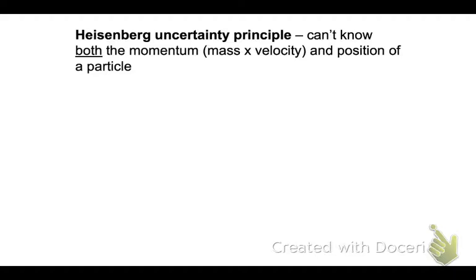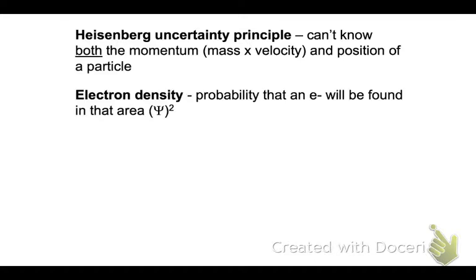This has now led Heisenberg to come up with the uncertainty principle, that we cannot know both the momentum, which is mass times velocity, and position of a particle at any given time. We only know the electron density, which is the probability again of where an electron can be found, and that was solved by the Schrödinger equation and function.